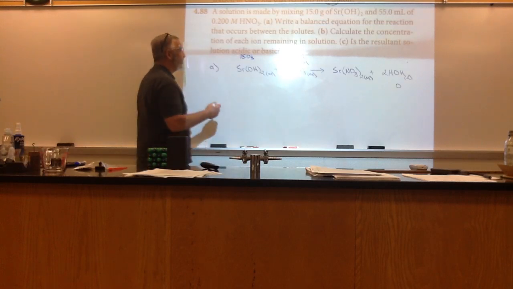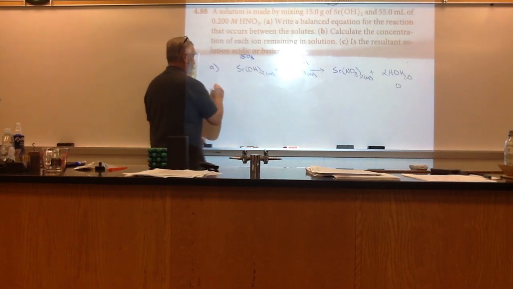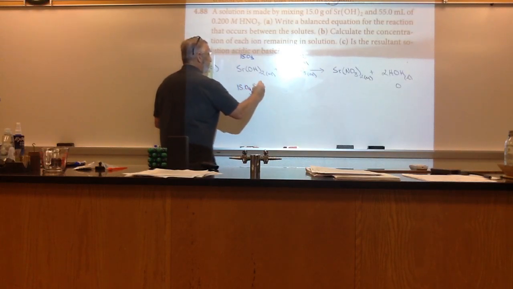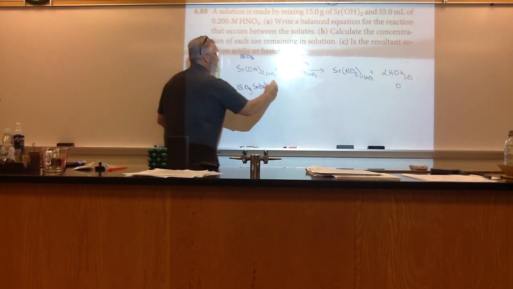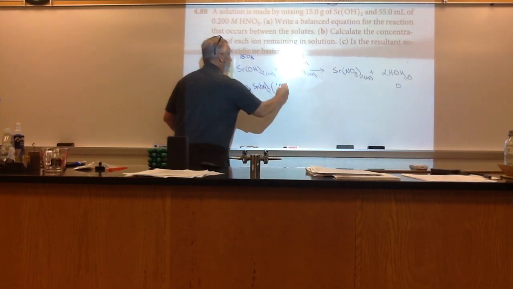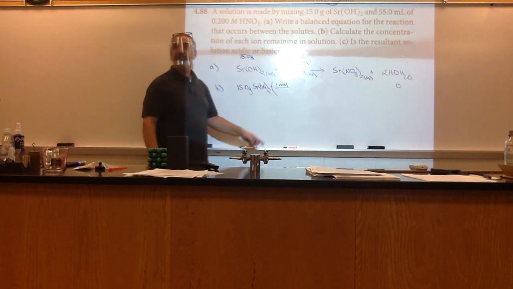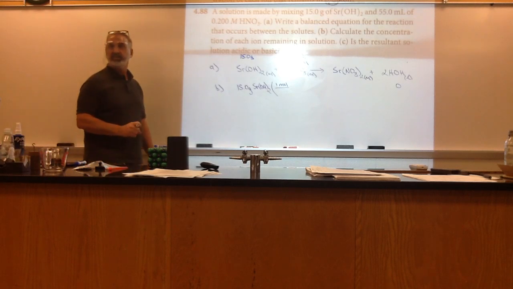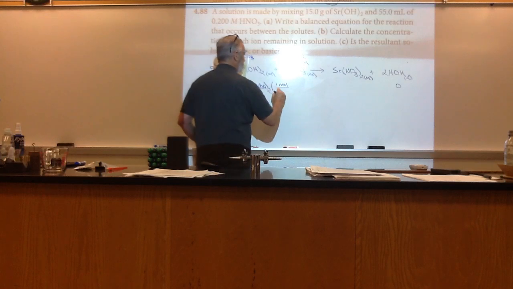So let's find our limiting reactant. Strontium hydroxide, we take 15 grams of Sr(OH)2, change that to moles, 1 mole over the molar mass: 34 plus strontium is 87.6, so 121.6.